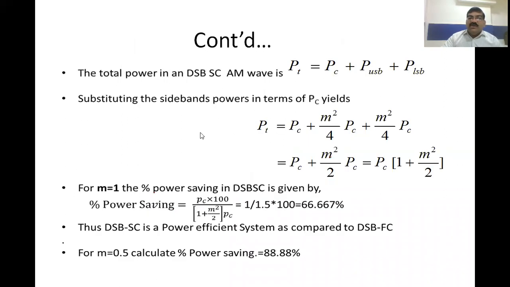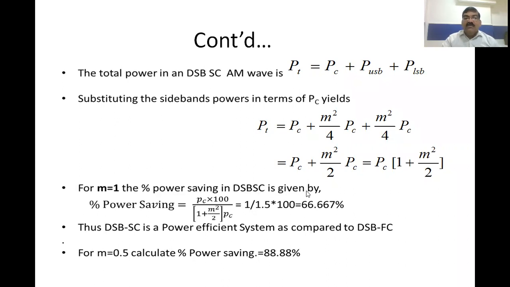We will try to understand this through power. The total power is the carrier power plus the upper sideband and lower sideband power. This is what we did previously. Now this is your total power. If M is 1, then what is the percentage of saving in double sideband suppressed carrier?